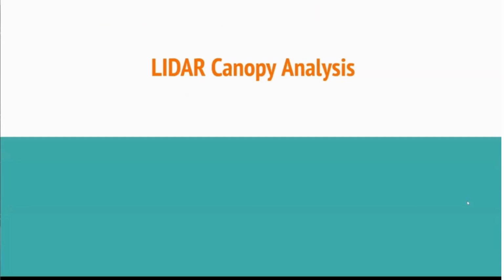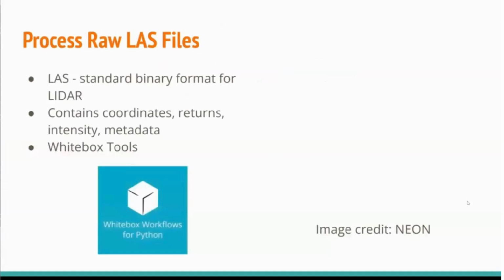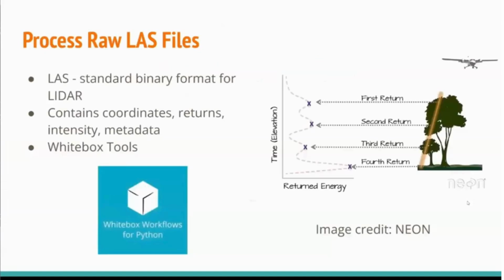All right, I'll discuss the LiDAR workflow that we developed. So the first step is processing the raw LiDAR data, and these are available in LAS format. This is the standard binary format for LiDAR projects, and that contains coordinates, returns, intensity, and other metadata.